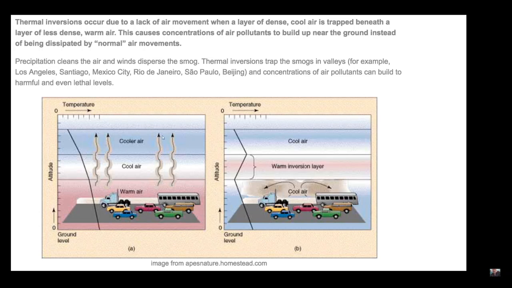But sometimes you get this flip, which has cool air at the bottom, then a warm layer that traps the rest of that smog in, which can cause more and more problems and creates more smog, right? So it just depends on the area of what's happening. And once again, this happens in February and March, where it's slightly at the cooler end of winter, right? So we have this switch of temperatures that can go on.